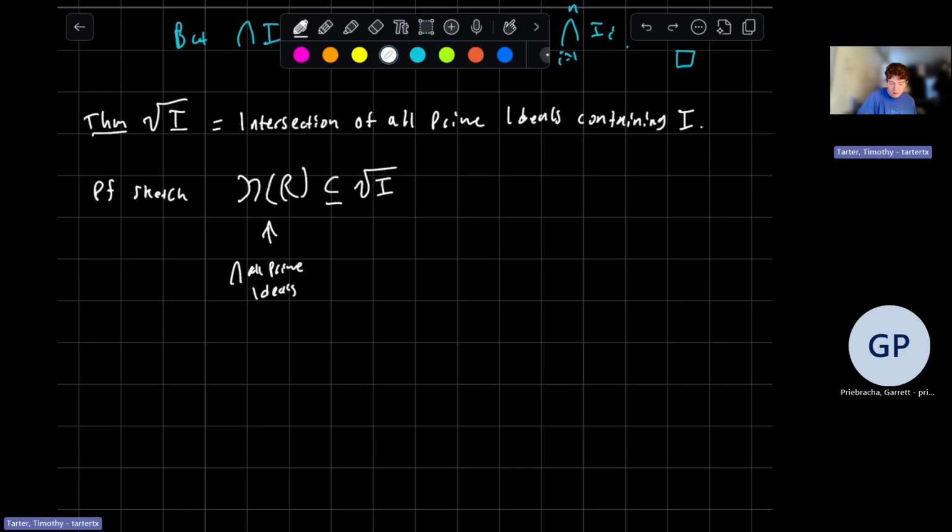Then this corresponds to vanishing on Spec. But then this corresponds to vanishing on I, which corresponds to primes containing I. Anyway, does that make sense?